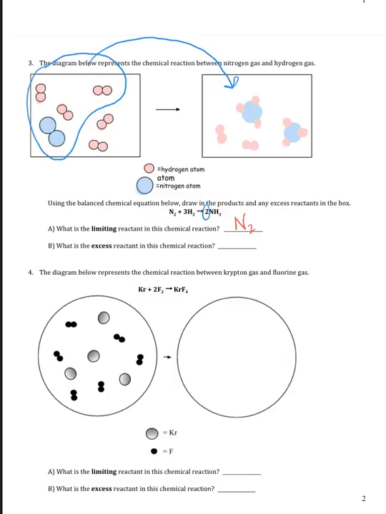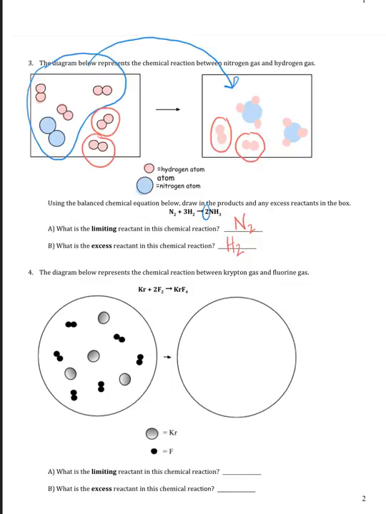And the excess reactant, the reactant that had some remaining afterwards, is going to be H2. And again, I know that it is the excess reactant because it did not end up reacting. It didn't form any of the new products.